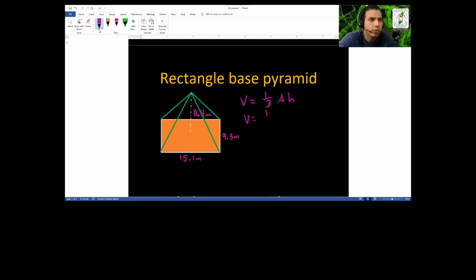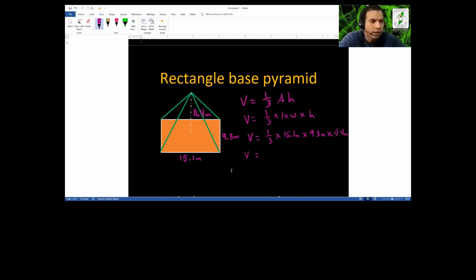So we will write 1/3 times the area, which will be length times width, times the height. That's length times width for the area of the rectangle. So volume is equal to 1/3 times the length, which is 15.1 meters, times the width, which is 9.3 meters, times the height, which is 11.4 meters.